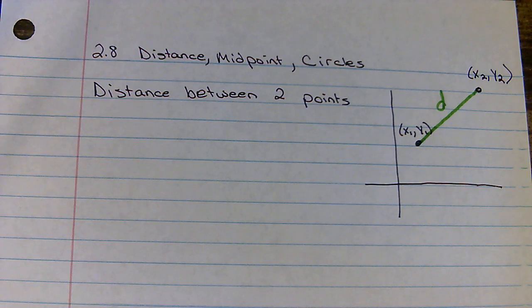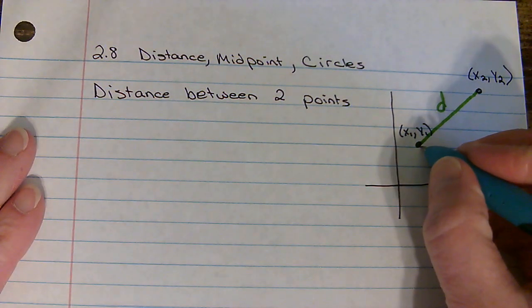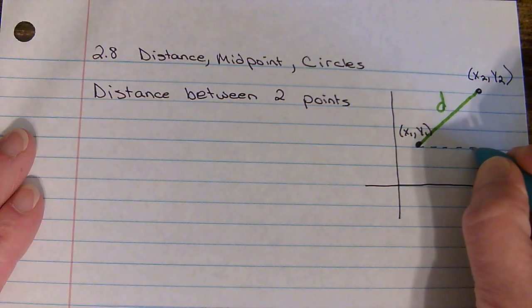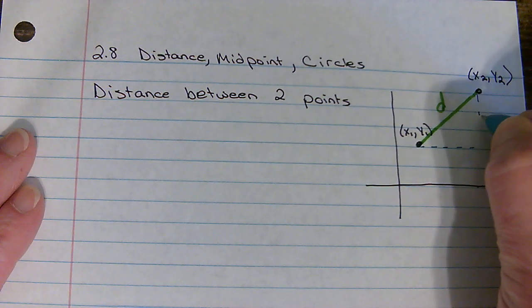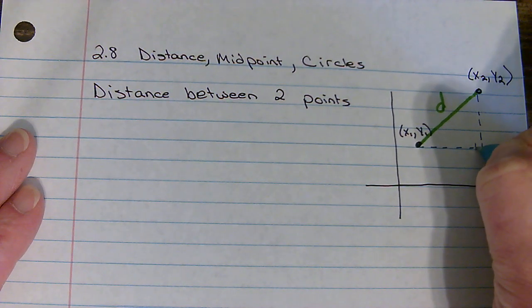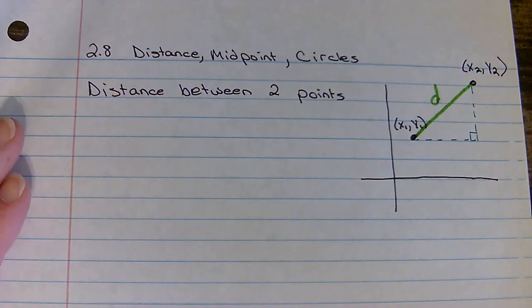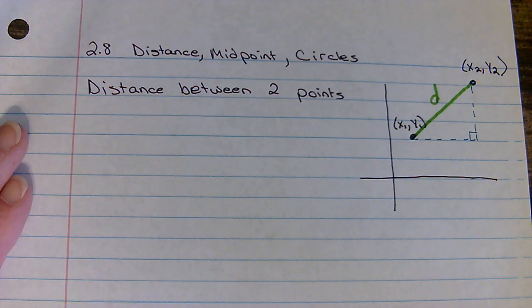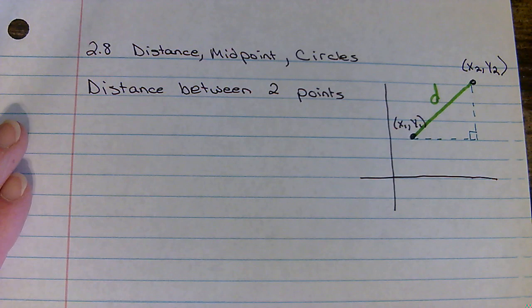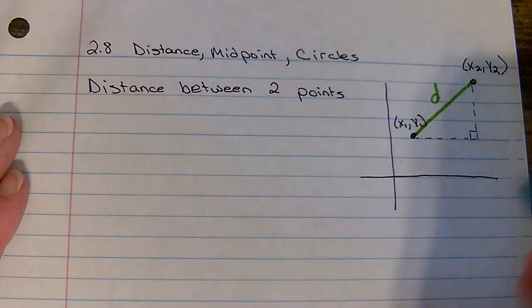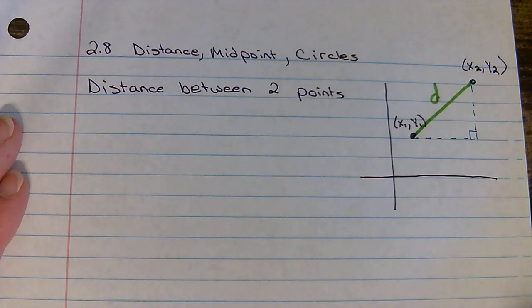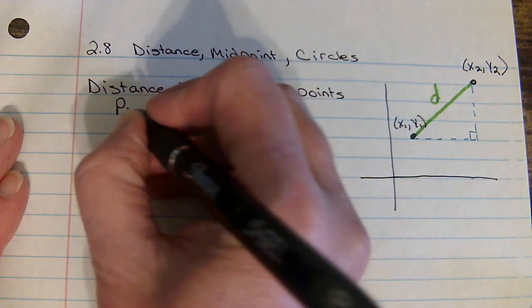Draw a right triangle. How can I find that distance? Well, what we can use is the Pythagorean theorem.